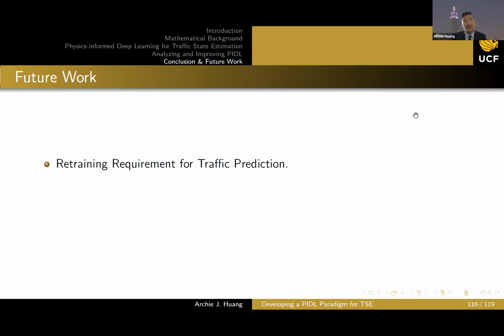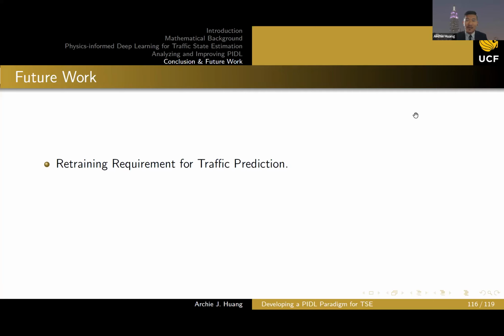I want to suggest two future research directions. The first one is that the current PIDL architecture, or learning algorithm, requires retraining for traffic prediction. We understand traffic state estimation is an important and essential task for traffic management, but traffic practitioners and transportation planners are also interested in predicting either short-term or long-term traffic conditions.